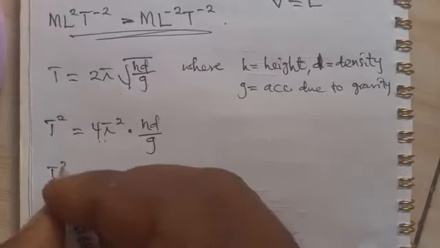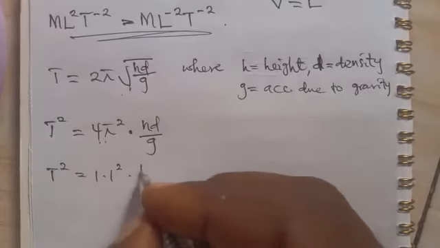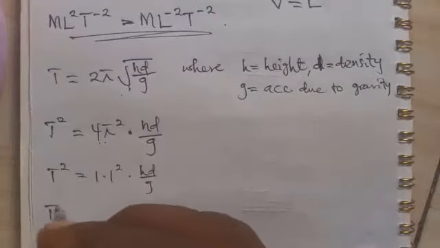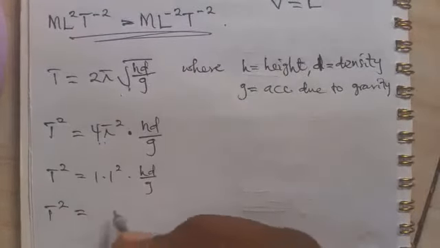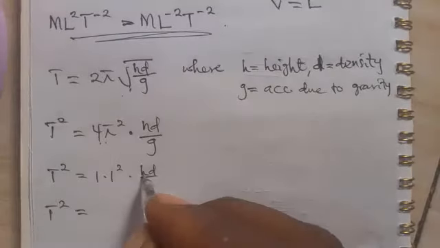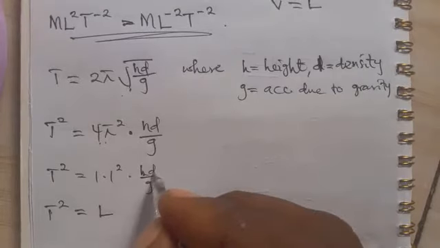So we have T squared is equal to 1 times 1 times HD over G, so that everything multiplied with 1 is 1. Now height is in meters and meters is length. So we say L. This is density. Density is given by mass over volume.